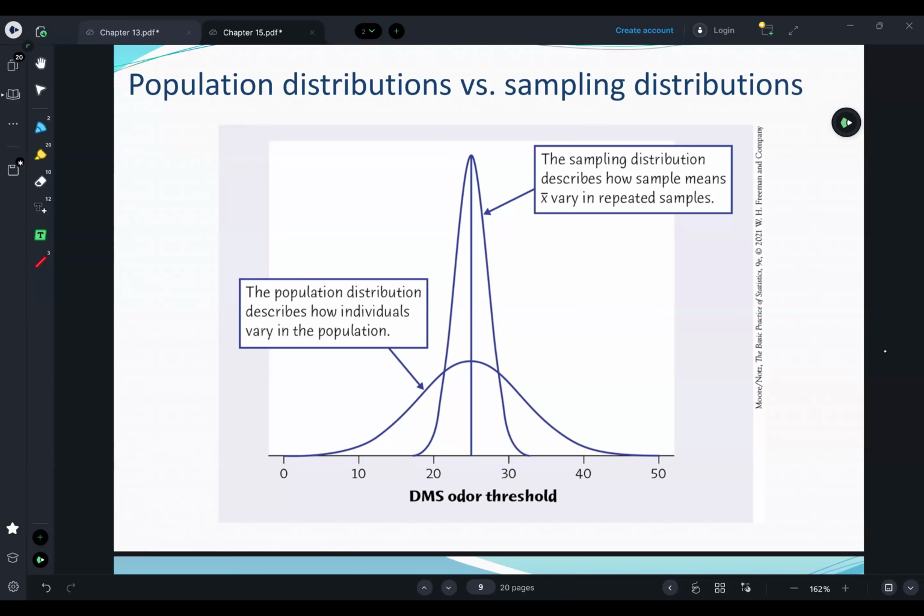Remember that thing we did in chapter 5, ecological correlation. Averages had a much stronger correlation and smaller standard deviation than individuals. So this is why the population always has more variability than the sampling distribution, in repeated samples. That's how we build it.